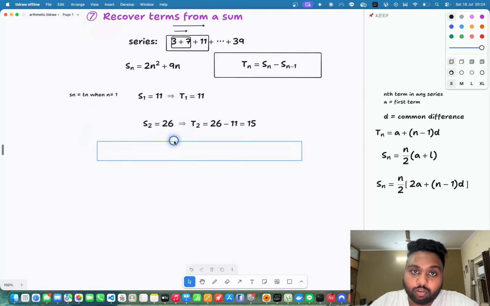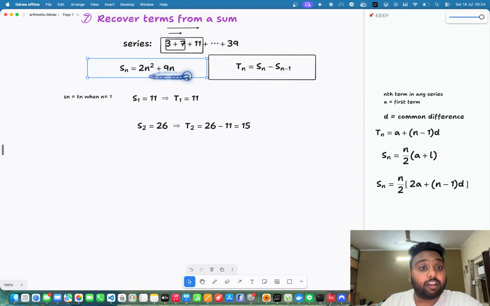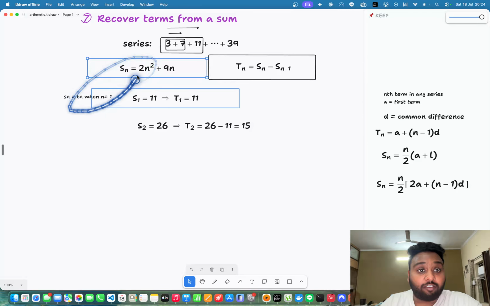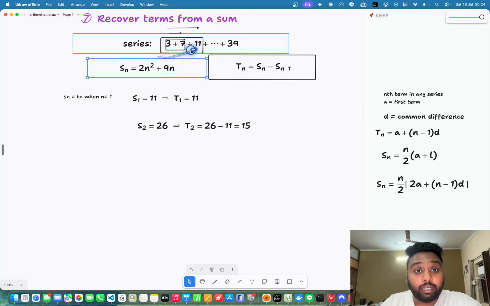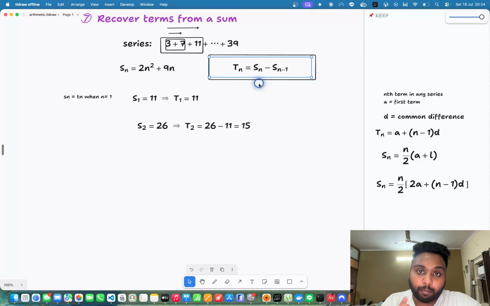So what you need to remember is that the S of n formula secretly contains the whole series itself also. If you have a generalized formula that could tell you the sum of the series up to a particular point, you can also use it to derive each term of the series using the fact that T of n is just that particular sum minus the sum of all the terms before that.